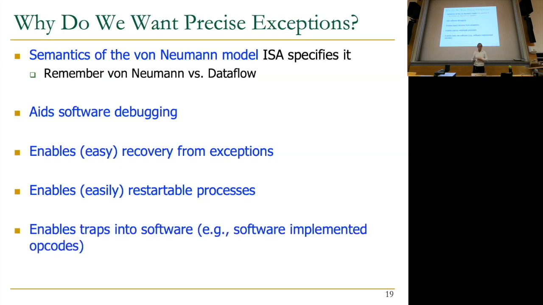And also there are other benefits. This is actually very similar to debugging in a sense, but for example, you may have an unimplemented opcode or software implemented opcode. Let me give you an example. Assume that you don't have a multiplication instruction in your ISA, which may happen. Initially, MIPS didn't have it.